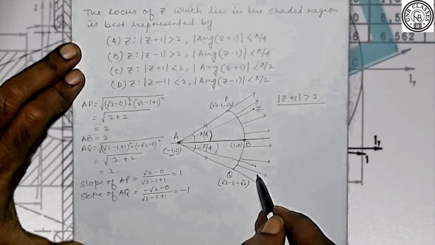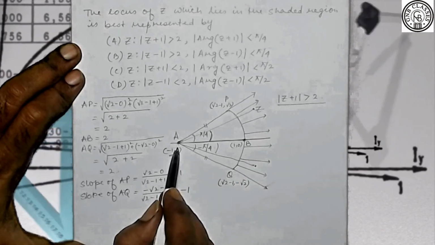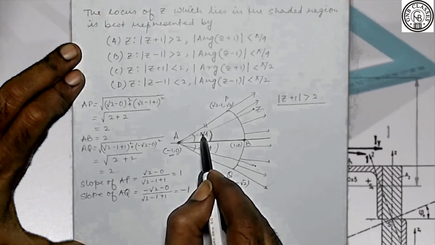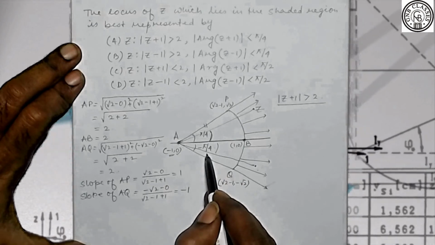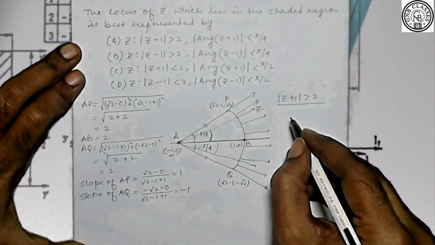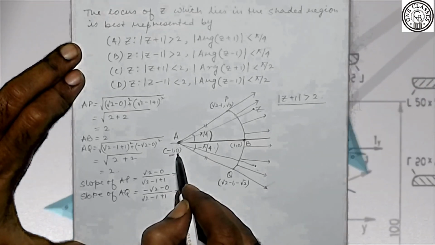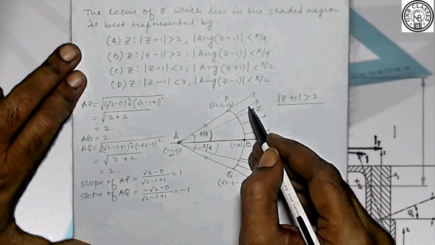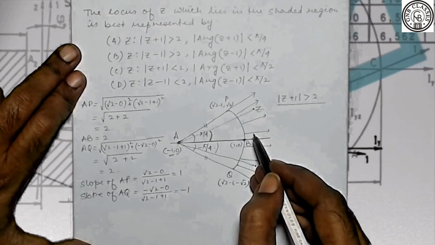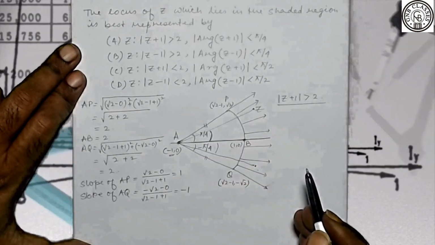So wherever Z lies within this region, the argument of the line joining the point -1, 0 and Z will never exceed pi/4, and it cannot come down below -pi/4. So we can write that for any ray emanating from the point -1, 0 with Z lying on that line, the argument of that line will always lie between -pi/4 and pi/4.